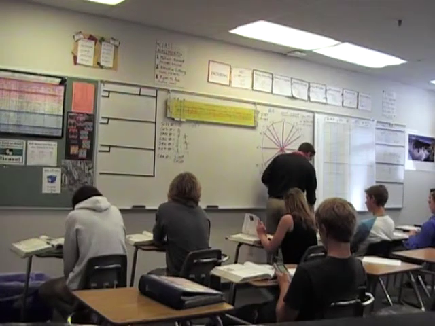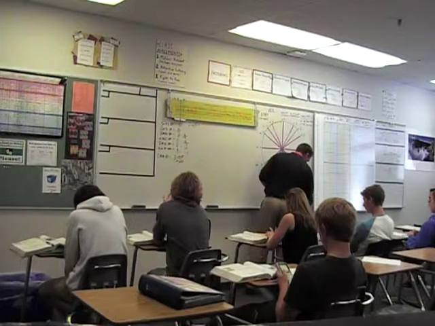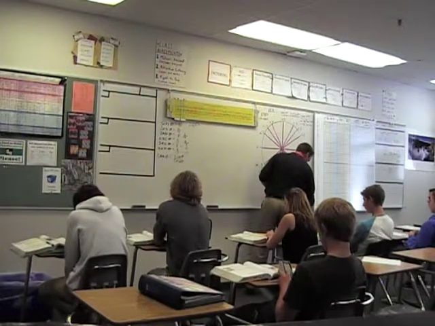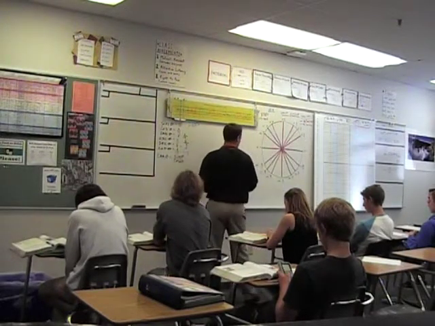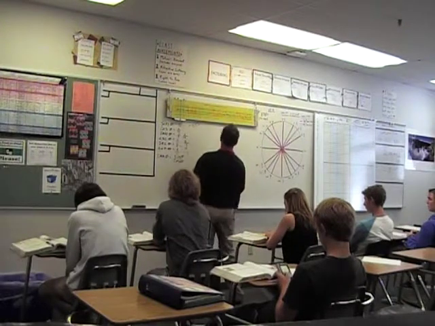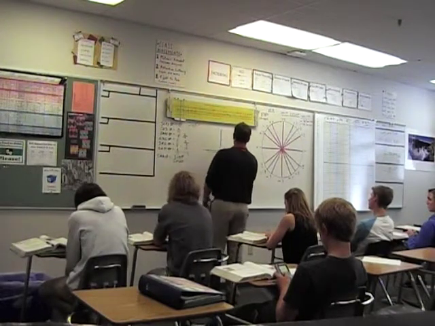Find the exact value of sine, cosine, and tangent if the terminal side in standard position contains the given point, negative 15, 8. So we have an ordered pair of negative 15, 8. What quadrant am I in?